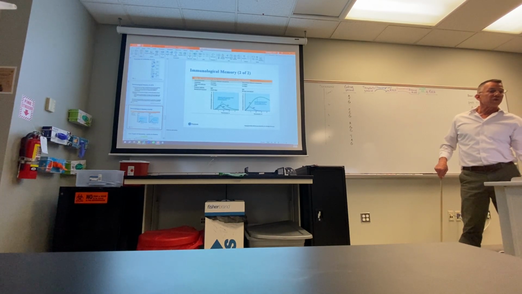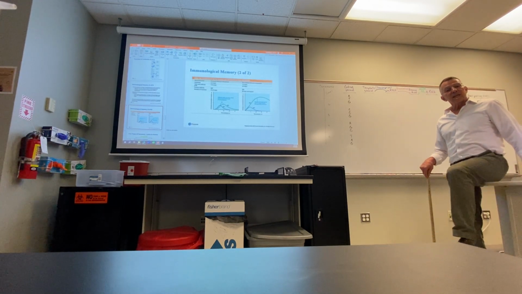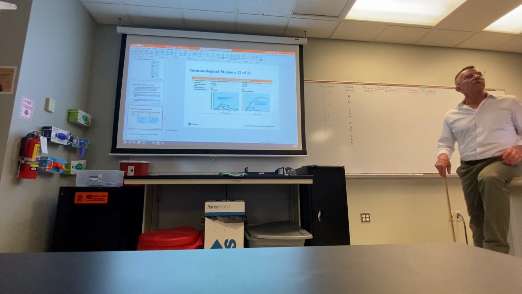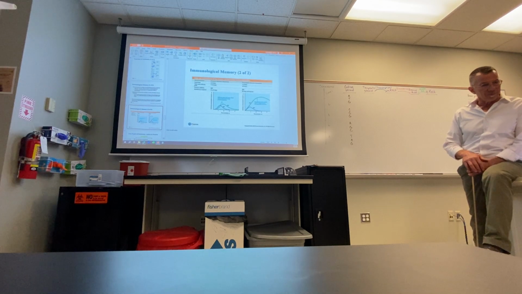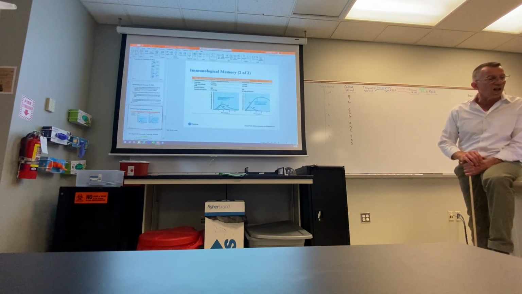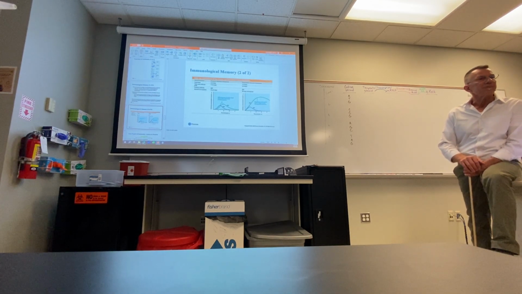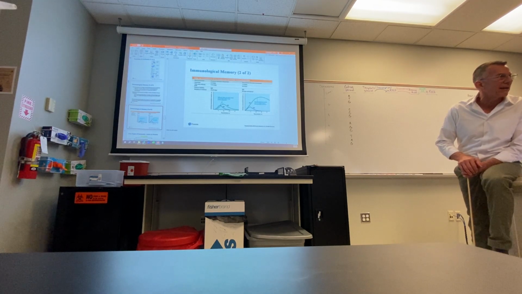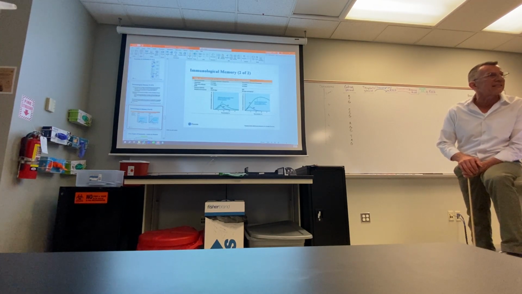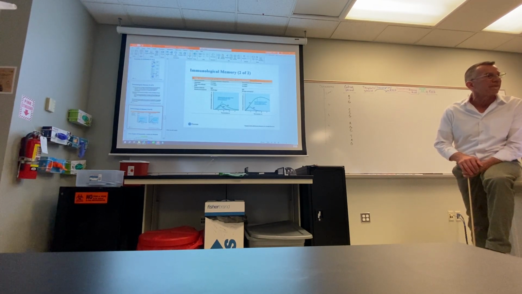Okay, so do you remember the response of your plasma cells or B cells? You have what they call passive and active humoral immunity. What is the difference between active and passive humoral or antibody-mediated immunity?